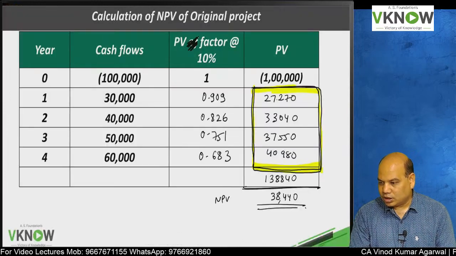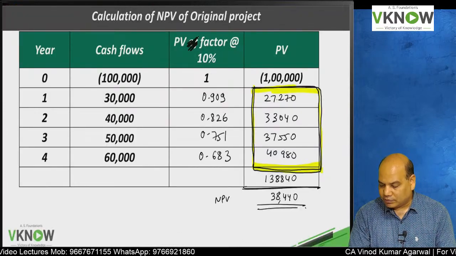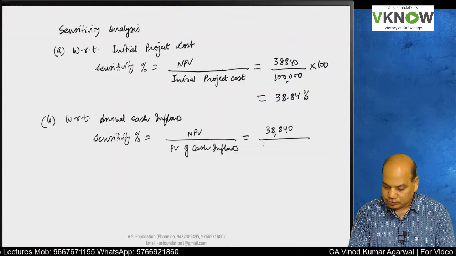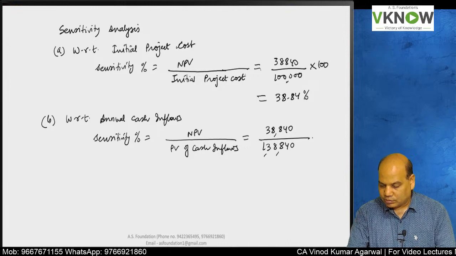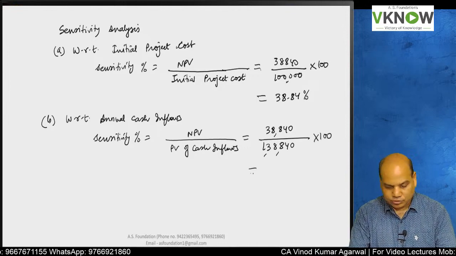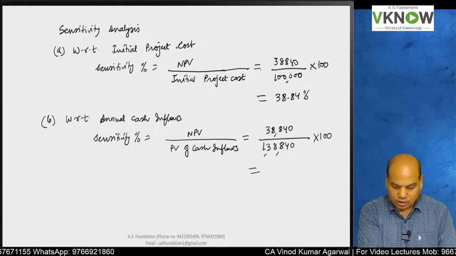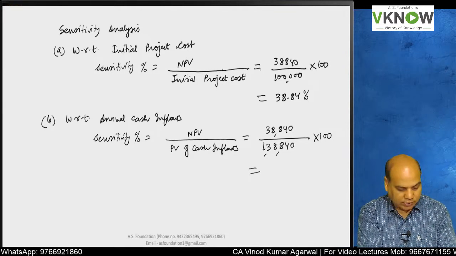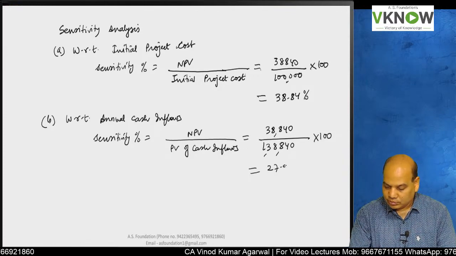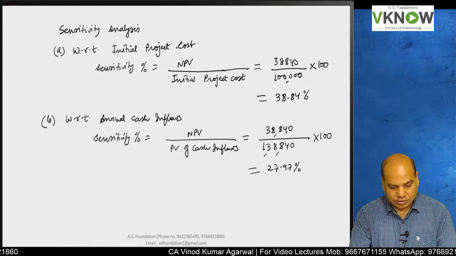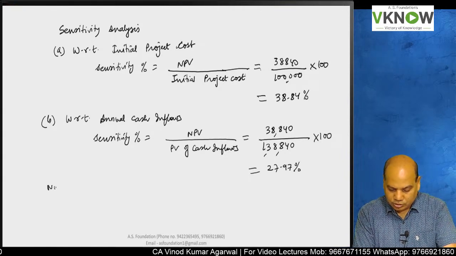You don't have to work hard again. Like for example, we did that 138840. Otherwise, you will have to do the calculation again and waste your time. 38840 divided by 138840 into 100, that is 27.97%.